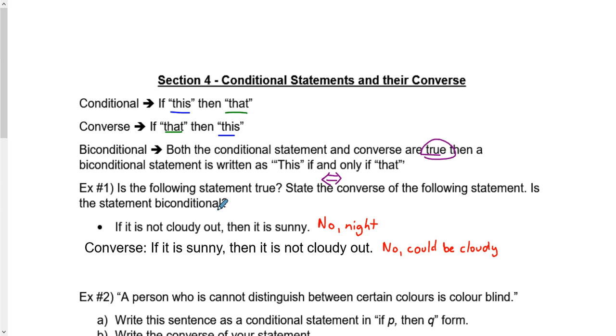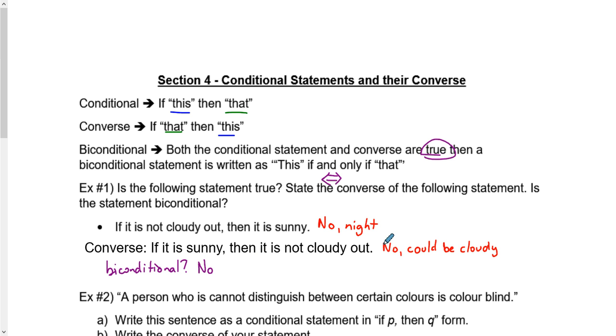So is the statement biconditional? The short answer is no. But it doesn't mean that both of these have to be false in order for the biconditional to be false.